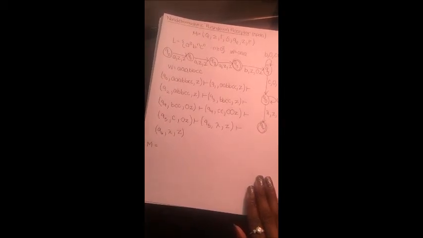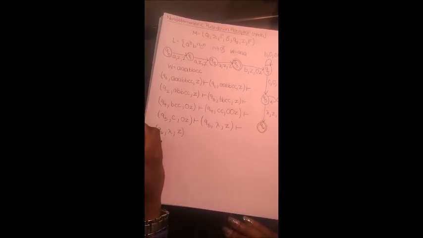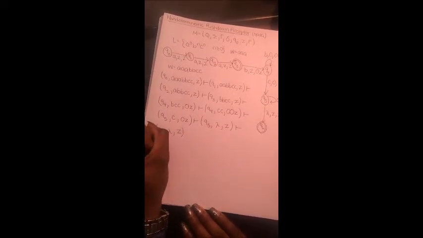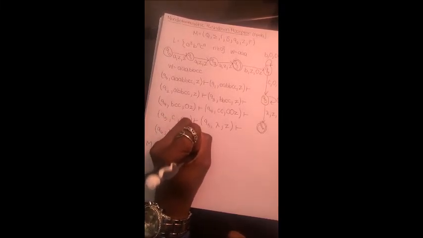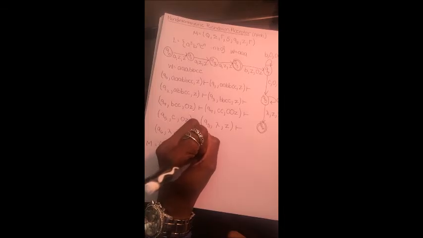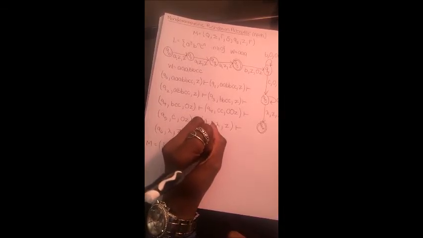Now, I showed you the tuple that defines an NPDA. So we're just going to draw the tuple for this following NPDA. So we're going to have our Q, which is our set of states. So that's Q sub 0, Q sub 1, Q sub 2, Q sub 3, Q sub 4, Q sub 5, and Q sub 6.